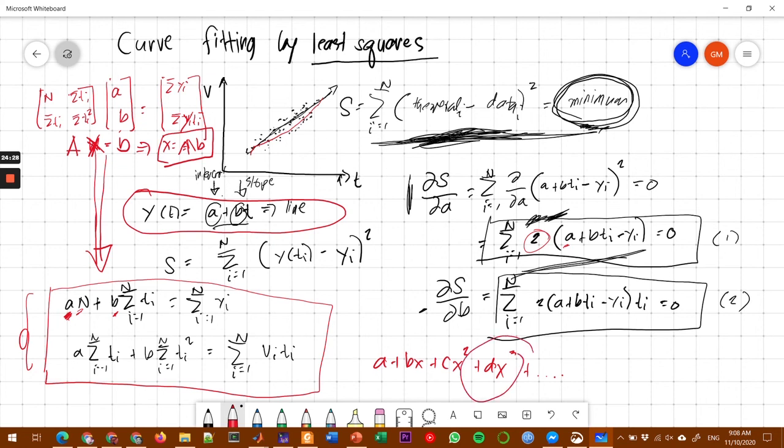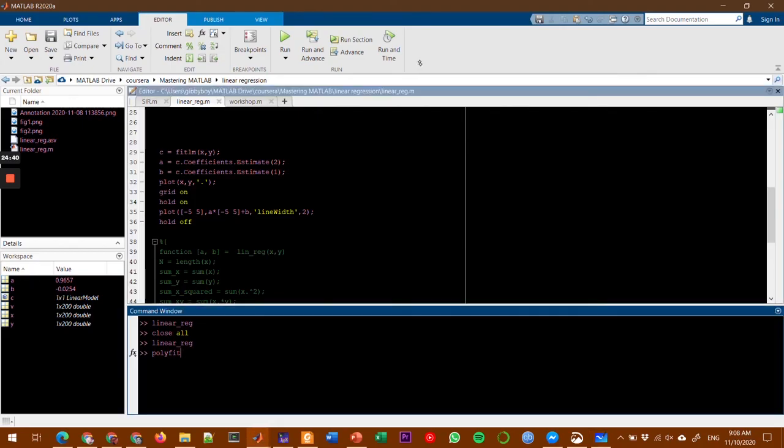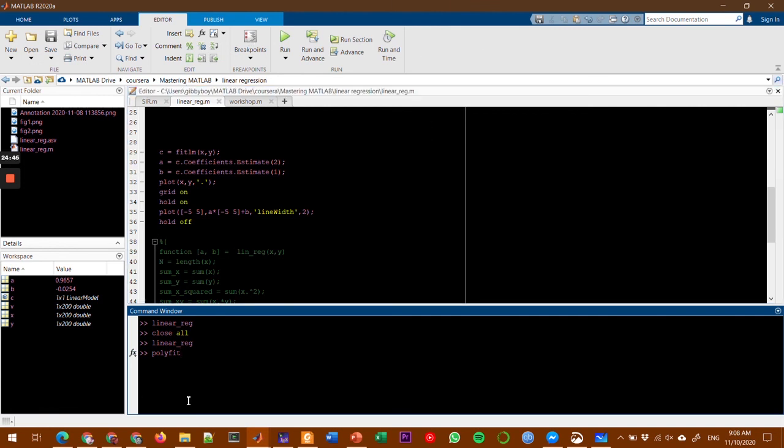So higher order, you can go cubic, you can go to the fourth and so on. Or you can fit an exponential. It could be anything. You can also define or customize your own function, any equation you want to use. Not linear, not polynomial, not exponential. It could be any function you want.